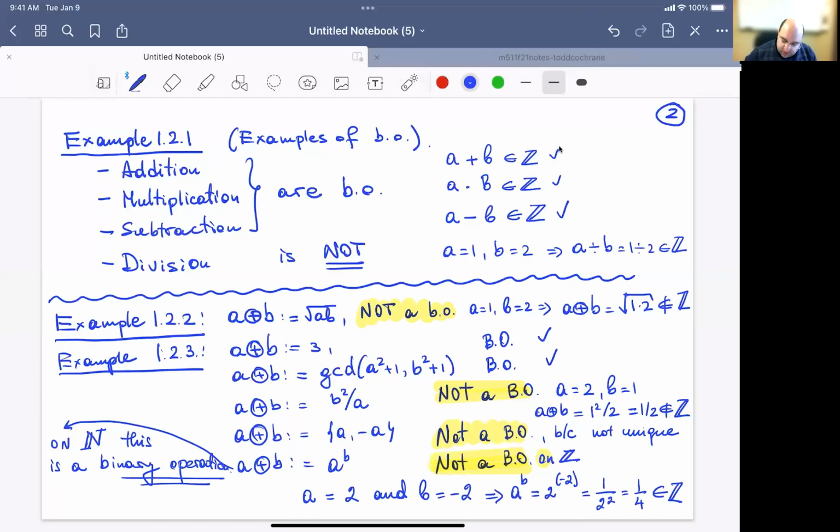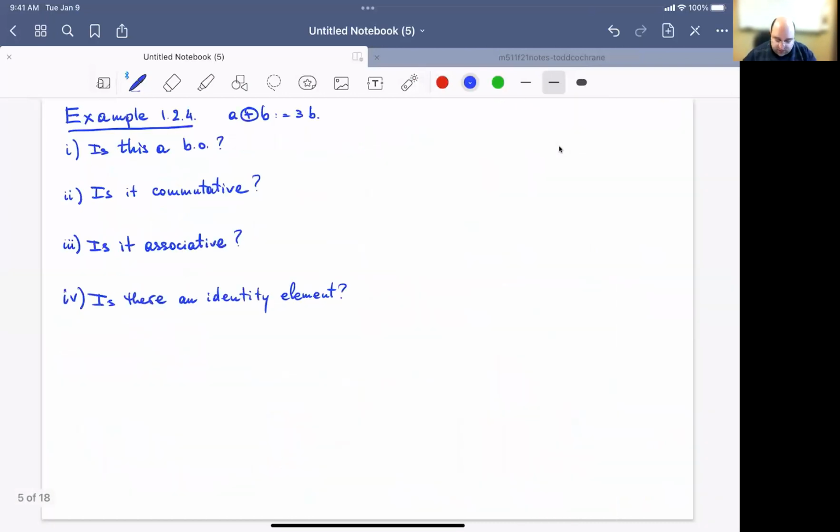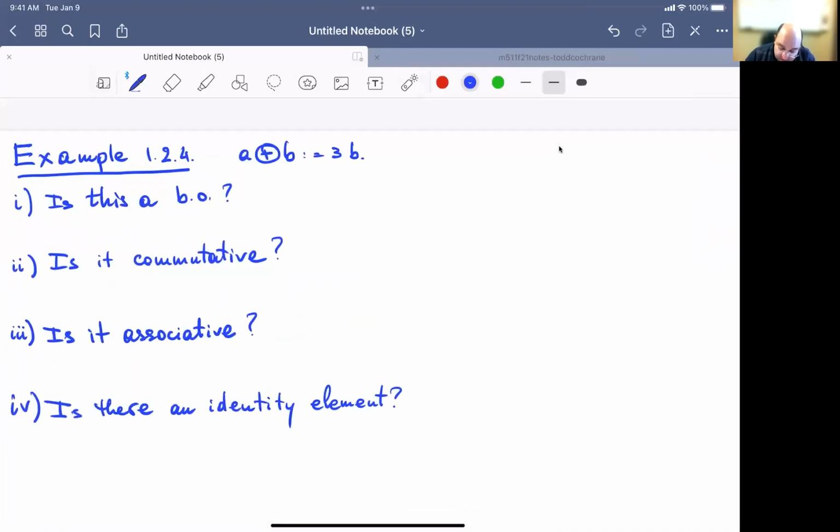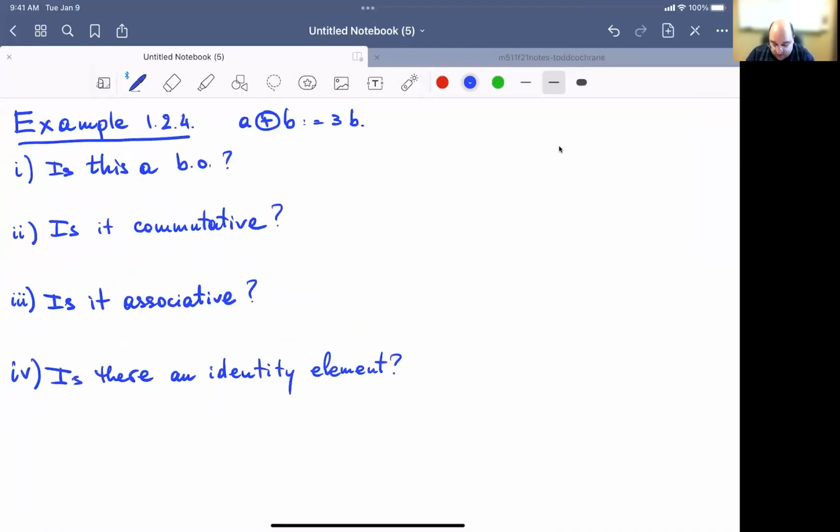Okay, so let's talk a little bit about some other examples. So here I have an example which is easily seen to be a binary operation. And I would like to see what are some of its properties. So is it commutative, is it associative, and is there an identity element? In this case, a circle b is 3 times b.